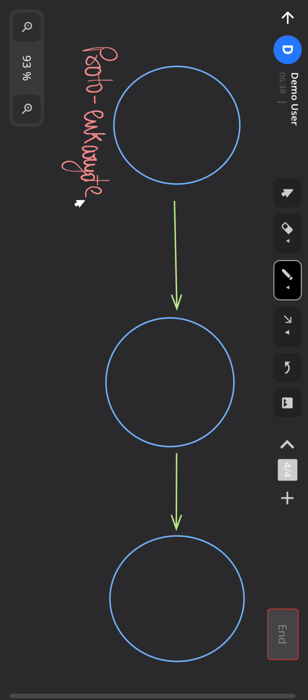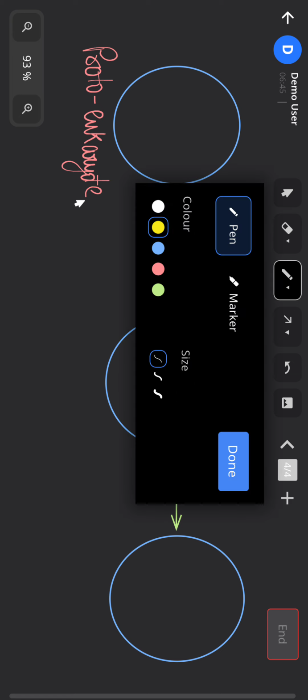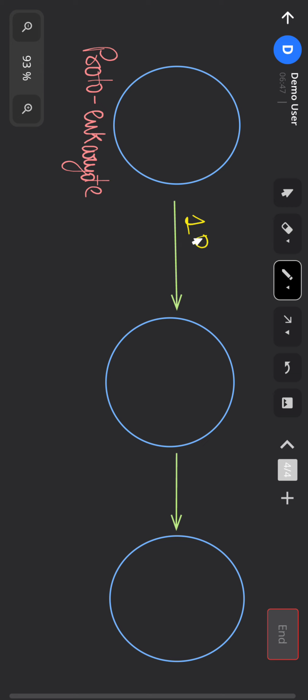I have tried my best to eliminate the noises. So this is a proto-eukaryote cell. Now the primary endosymbiotic event is going to take place, and an aerobic bacterium invaginated. Or you can also say that this proto-eukaryote cell just engulfed that aerobic bacterium. Because this event was not seen by anybody and the exact mechanism is not known, but it is proved that this is a bacterial origin thing.